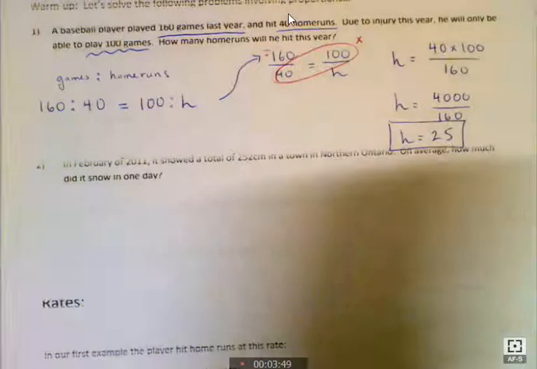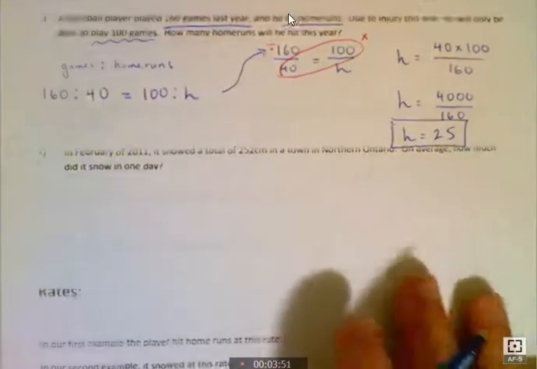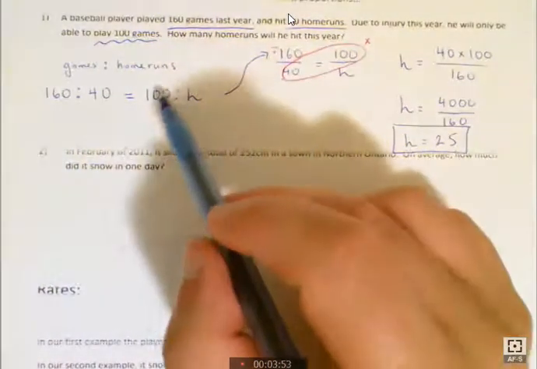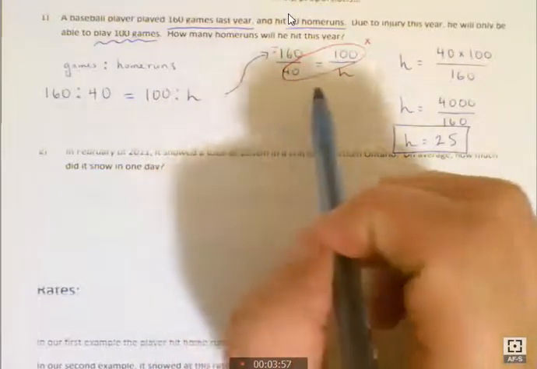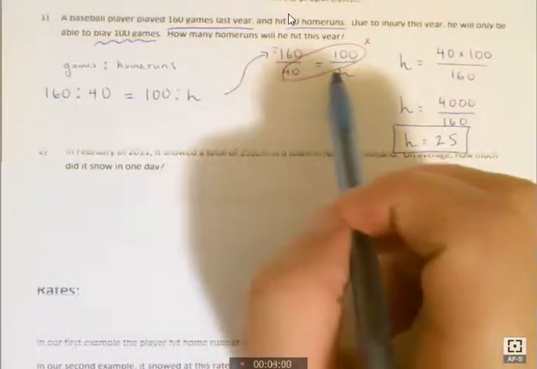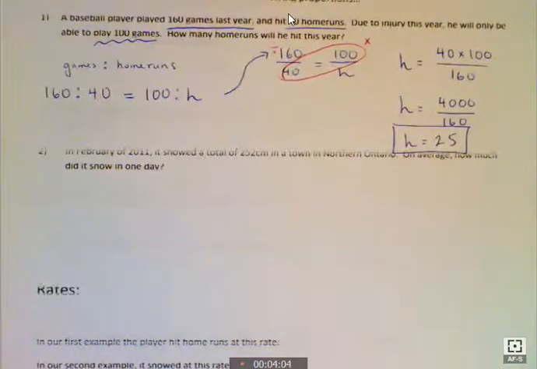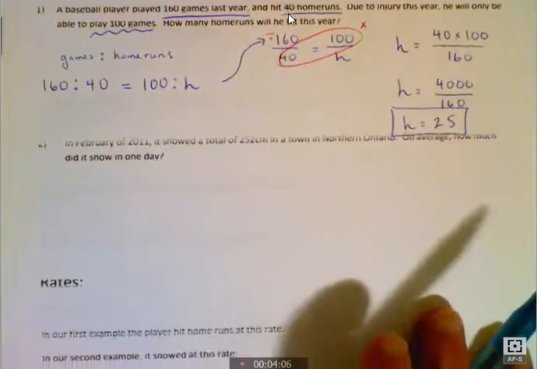So we can expect our player to hit 25 home runs. We still were required to set up our proportion, but maybe writing it in terms of fractions, maybe using this method might connect a bit better with you. Hopefully it helps you out today.